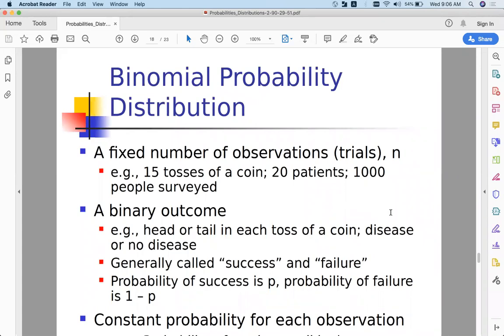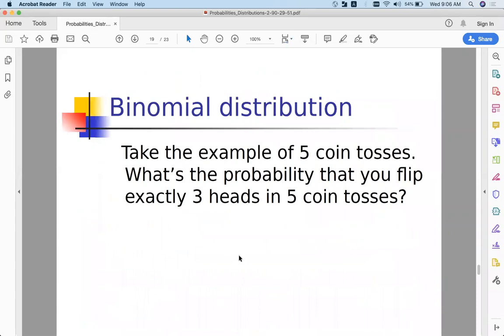Let me give you an example so that you will understand. Take the example of 5 coin tosses. What's the probability that you flip exactly 3 heads in 5 coin tosses? Can you understand this problem before even trying to solve it? Can anyone tell me what is given?